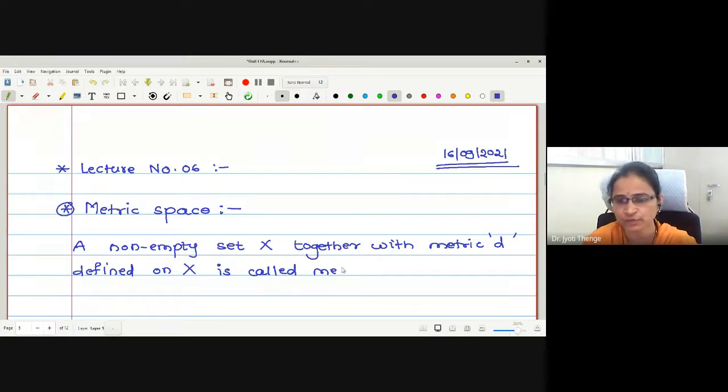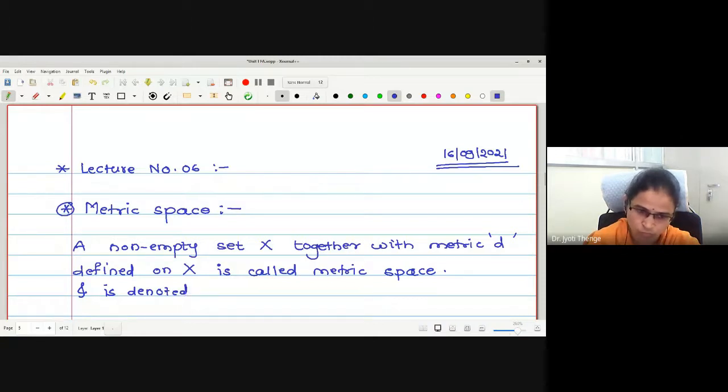What is the meaning of together with the metric? The set together with the metric, or the metric is imposed on this set X. This is denoted in brackets by (X, d).